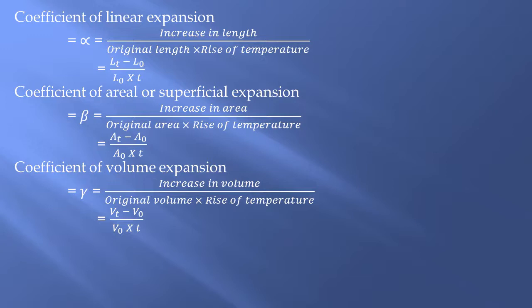Likewise, the coefficient of aerial or superficial expansion beta is defined as the ratio of increase in area per unit rise of temperature. Similarly, the coefficient of volume expansion is defined as the ratio of increase in volume per unit rise of temperature.